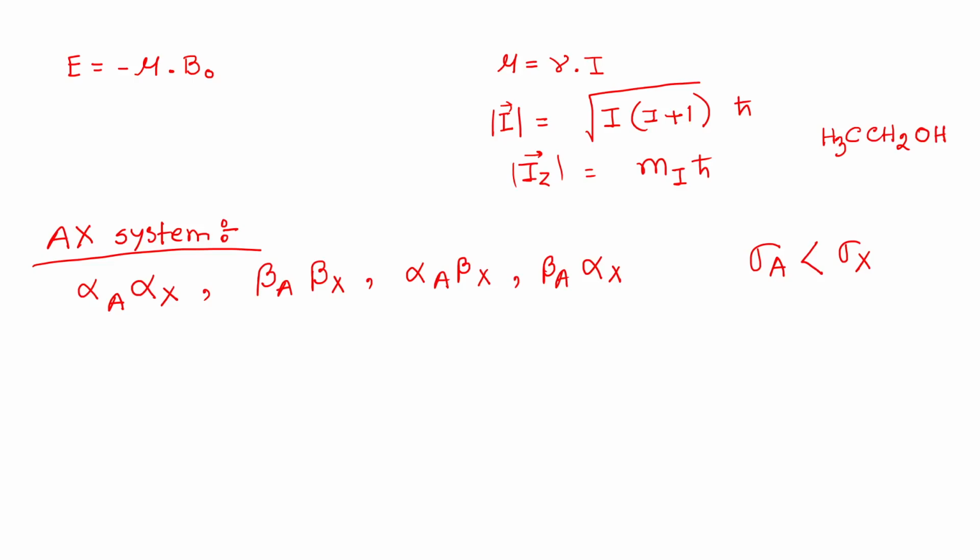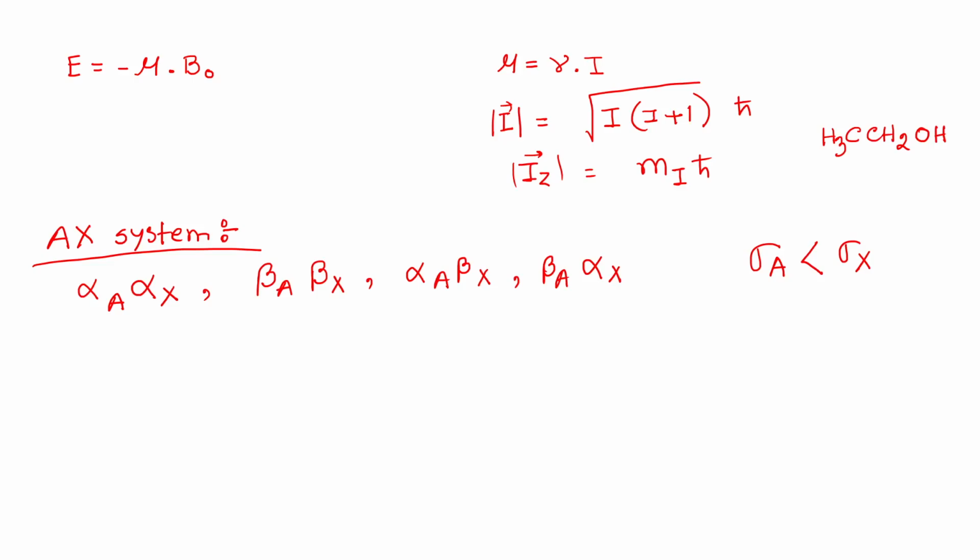First of all, shielding constant is less for A than X. So that means A is going to experience more of the applied magnetic field than X. Then what is the energy gap going to be? In the case of A, it will be more.